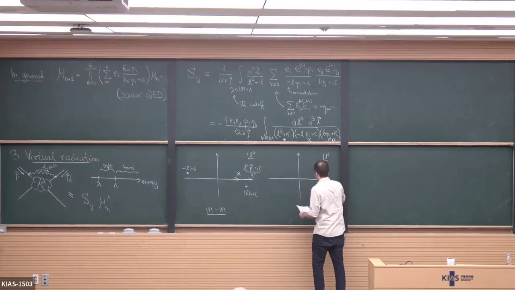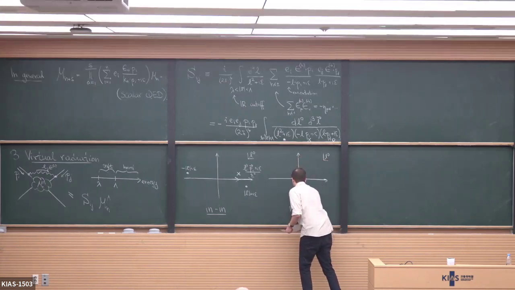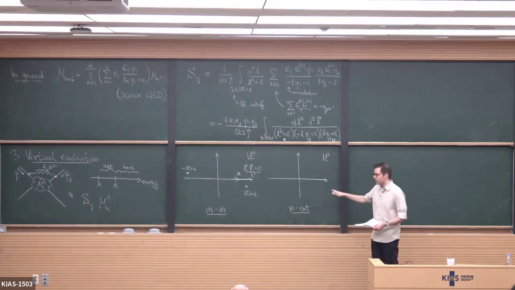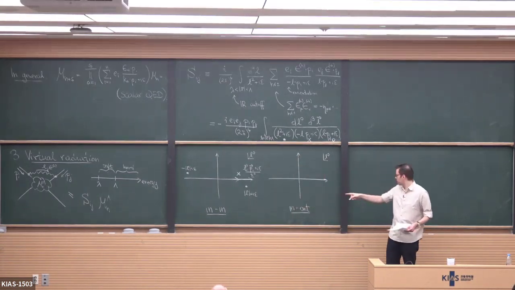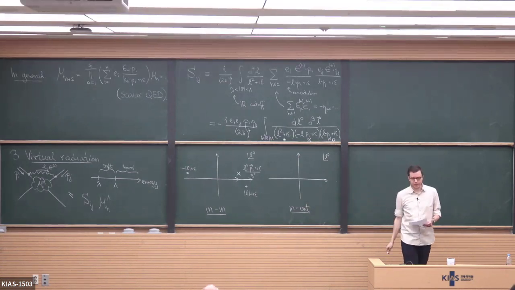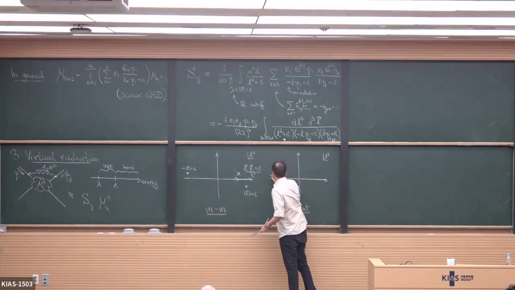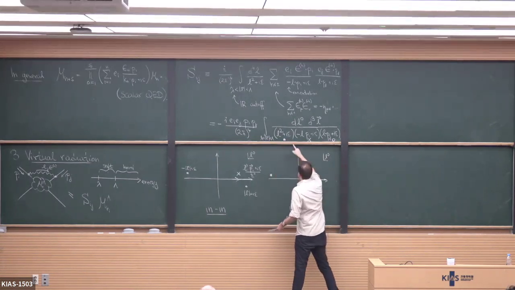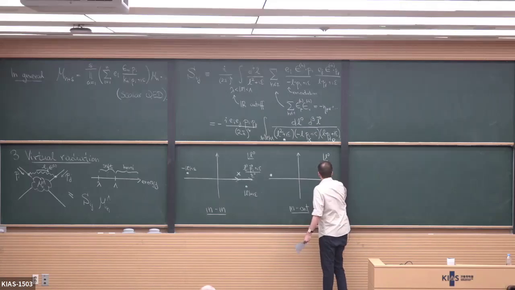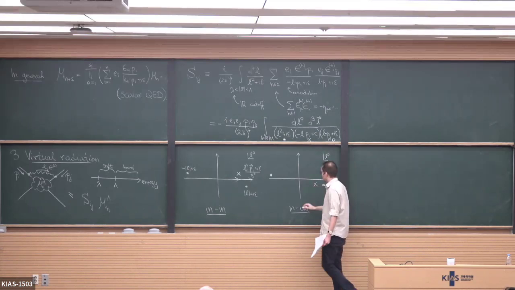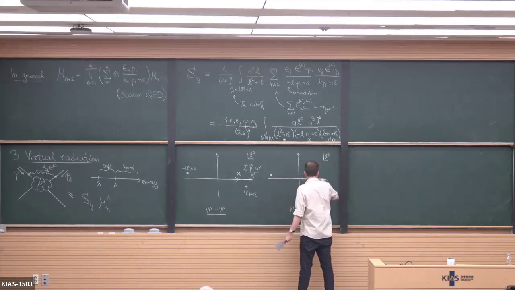Let me call it in-out. I'm going to do these two cases, and I'm going to leave out-out and out-in as a simple exercise. In those cases, nothing happens. The poles of the first factor are the same, but the cross I now have to put on the other side of the real axis.